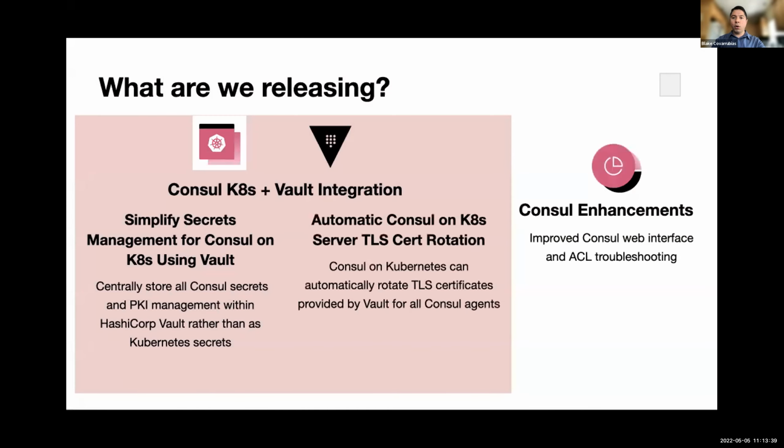What David is going to be talking about in a little more detail is this integration that simplifies secret management for Consul running on Kubernetes by using Vault as the central store for PKI certificates and secrets that Consul uses for its communication. We're also going to talk in more detail about how this integration is used to provide automatic certificate rotation for these certs used by Consul, again, centrally stored within Vault.